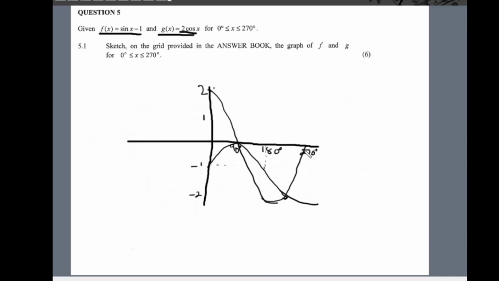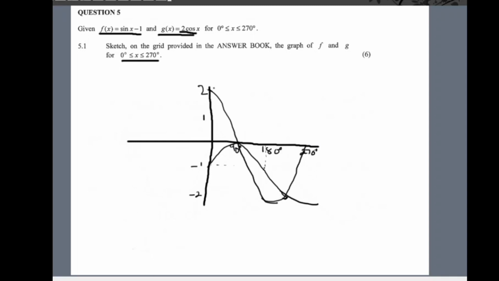Right, so now this will be the graph of f and the graph of g drawn for x between 0 and 270. I'll send sketches, right. Just draw on paper and then take a picture.